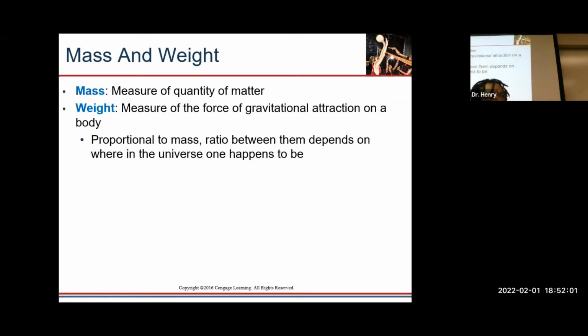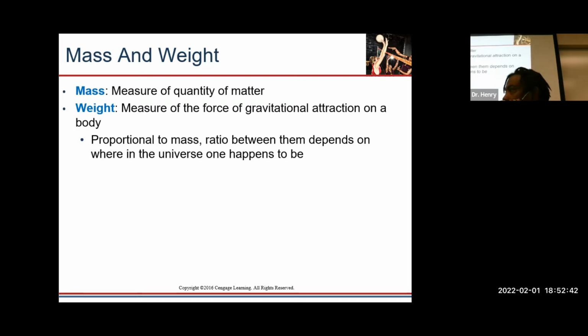So if I go on to Mars, am I going to weigh the same? Will I weigh the same? Because weight is dependent on gravity. So my mass is 100 kilograms.